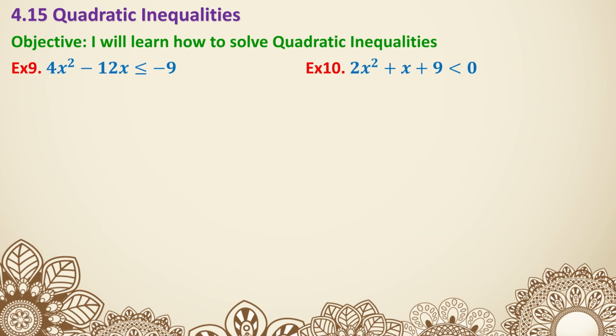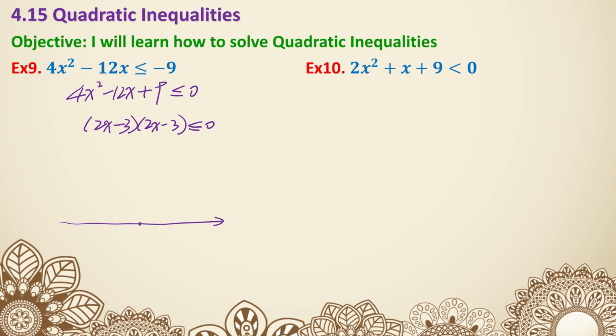Let's look at 2 more. 4x squared minus 12x plus 9 is less than or equal to 0. We can actually factor that one: 2x minus 3 and 2x minus 3, less than or equal to 0. So we have 1 point at 3/2, a solid dot. 4 in the front is greater than 0, so it opens up, touching that point.